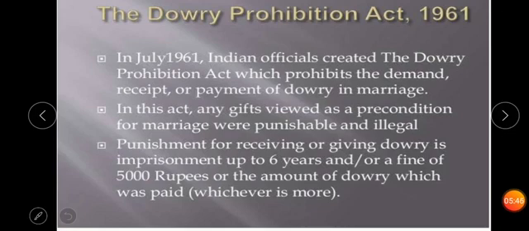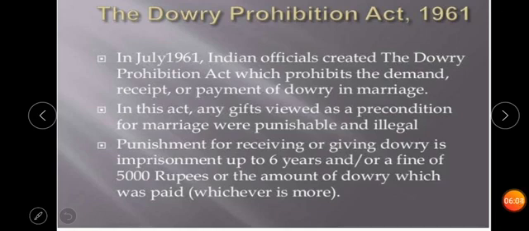Then an amendment was made to the act in 1961. In 1984, which made payment or acceptance of dowry a punishable offense. Means the act was further amended in 1986.